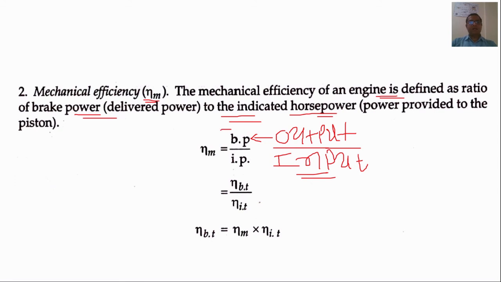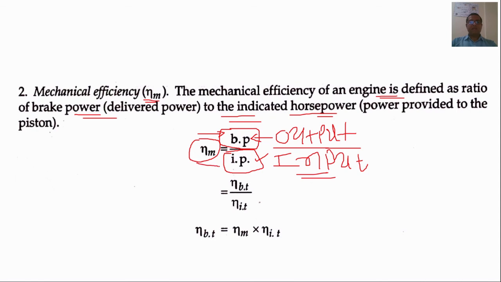So brake power divided by indicated power, the ratio of brake power to indicated power, is known as mechanical efficiency, and it represents how efficiently the indicated power developed in the engine cylinder is transmitted from piston to crankshaft through the connecting rod and finally available as output as brake power at the engine output shaft.